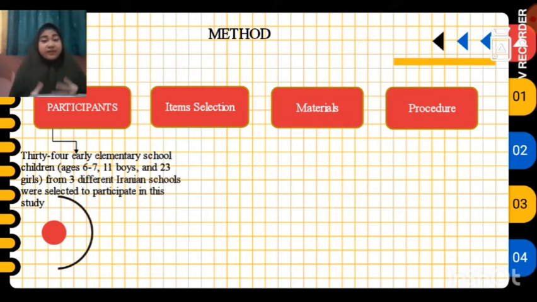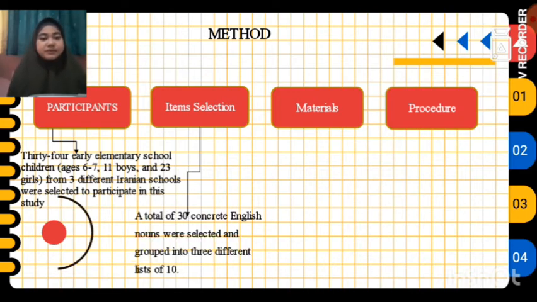These schools were randomly selected, and the student population had very limited exposure to English. The second is item selection. A total of 30 concrete English nouns were selected and grouped into 3 different sets.